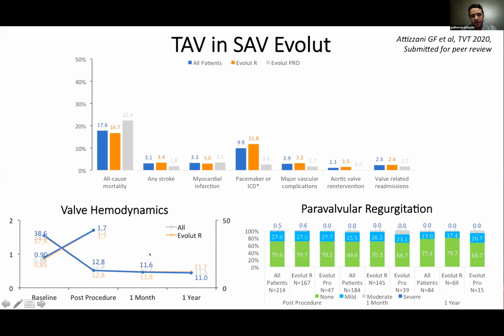We can see low teen gradients. So that's a very robust performance of this device, considering it's a valve-in-valve procedure, right? And obviously, the rates of paravalvular leak are very low, and same for permanent pacemaker rates. This is Evolut PRO, 2.6% pacemaker rate with Evolut PRO in valve-in-valve.